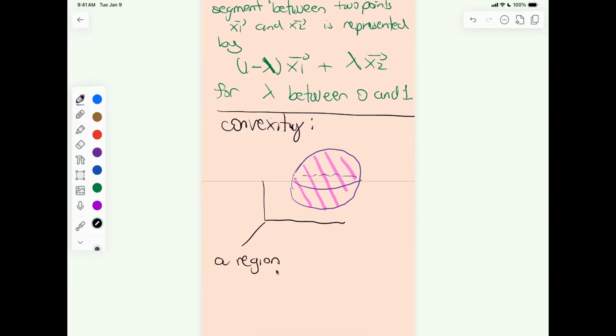I'll call this region K for convexity, which sounds weird, but the German word for convexity starts with K, and a lot of this was developed by Germans, I guess.